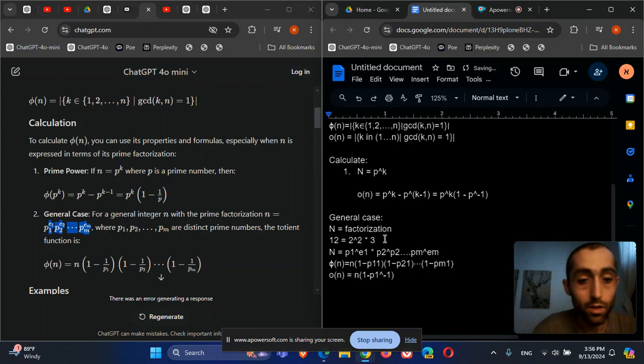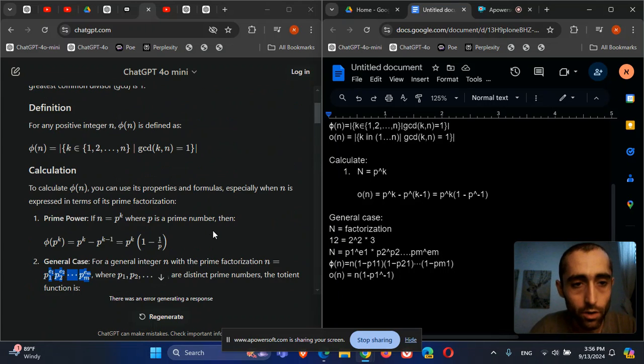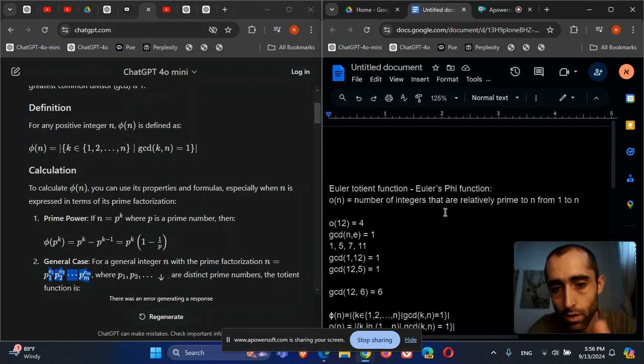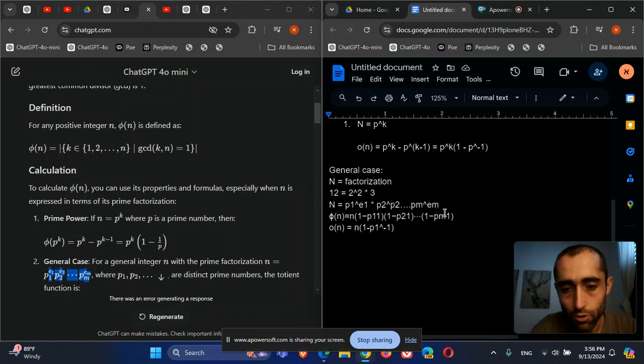If I can, this is the general case, the factorization of a number, and then I can use this formula to calculate the Euler phi function, or if you want to call it, the totient function.